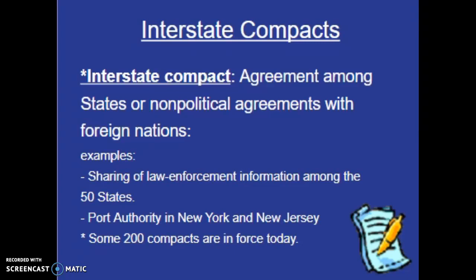Also understand that some 200 compacts are in force today. Some other agreements include compacts designed to prevent forest fires, combat stream and harbor pollution, provide for tax collections, and promote motor vehicle safety. And the list goes on and on.